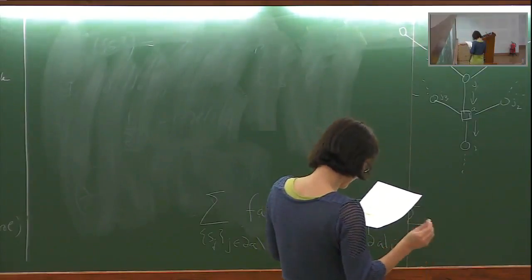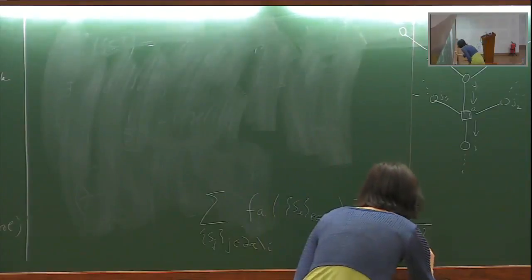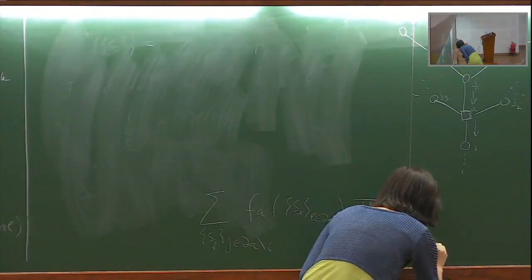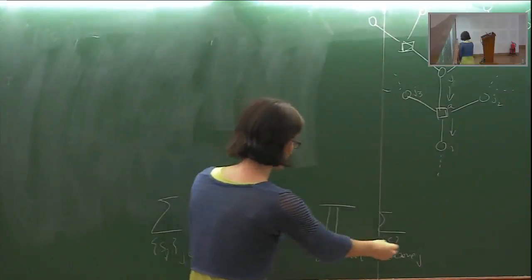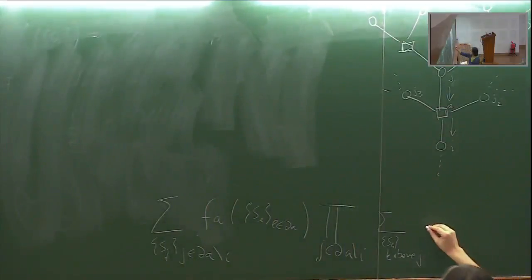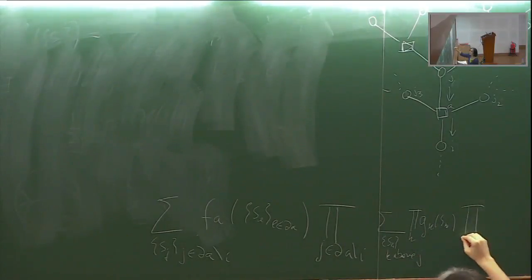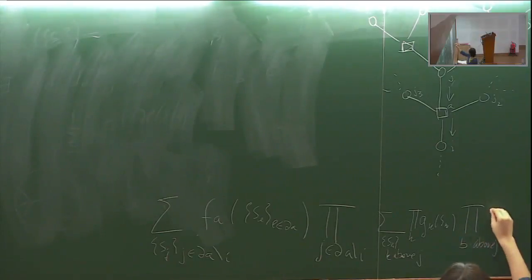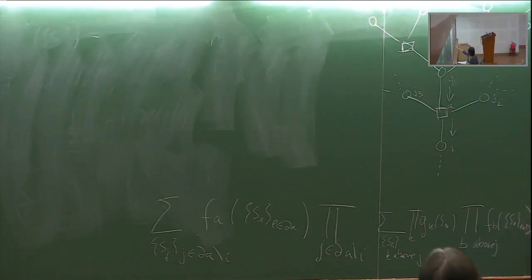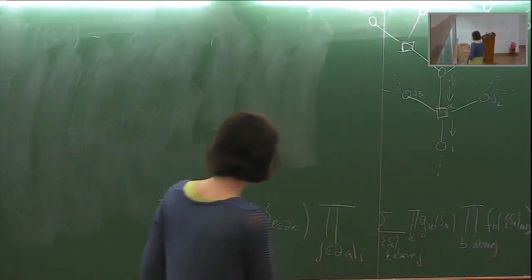Now it will look horrible, but immediately after it will really simplify, where K is all above this J. And then, again, the same things as before. I need a product over all these Ks of the GK, SK, and the product over all, do I have B? Not yet. So all Bs that are above the J of this FB, and the spins here that are in the neighborhood of the B.